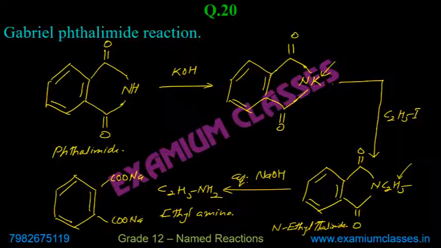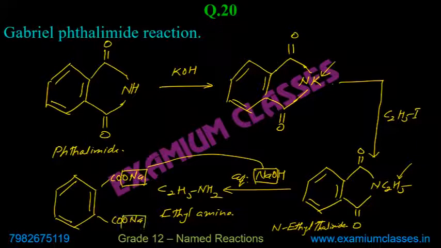NaO will get attached to CO. So basically, this NaO and this N. CO was already there.